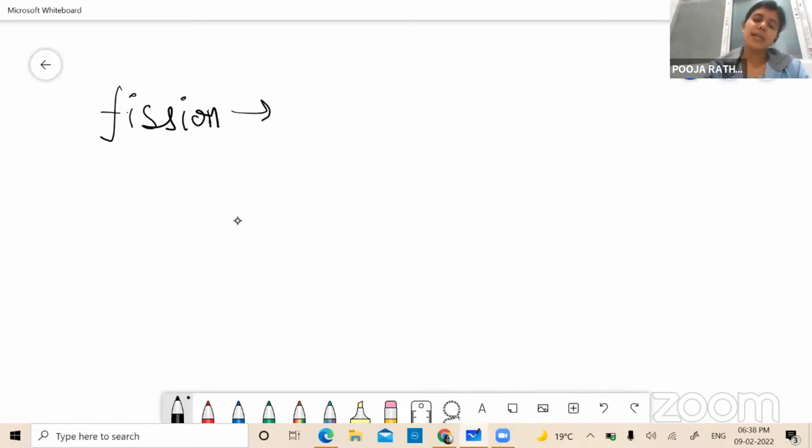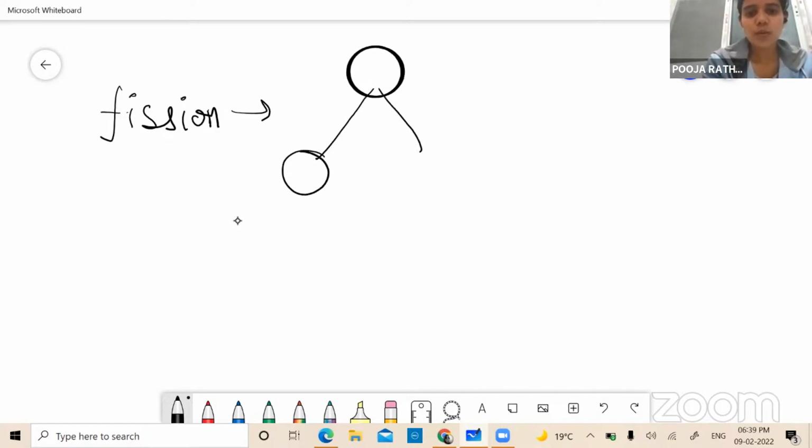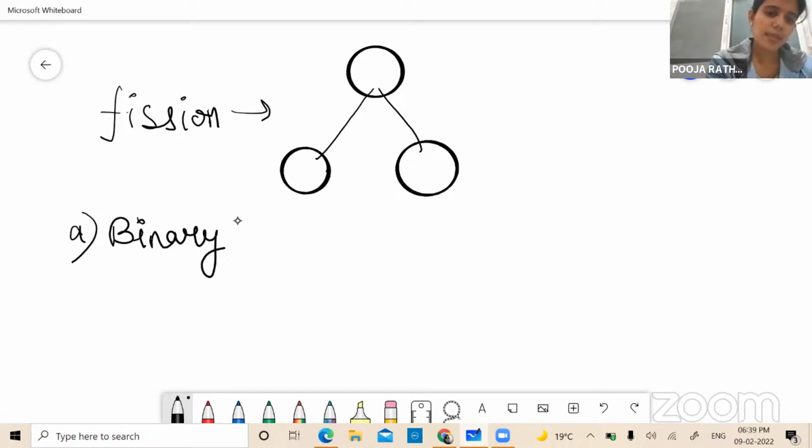Fission is when a single parent divides itself into different cells of its own kind. Like a single cell dividing into two or more than two, that is called fission. Fission could be of two types: first binary and second multiple.